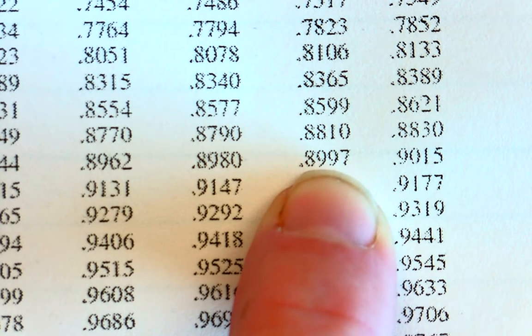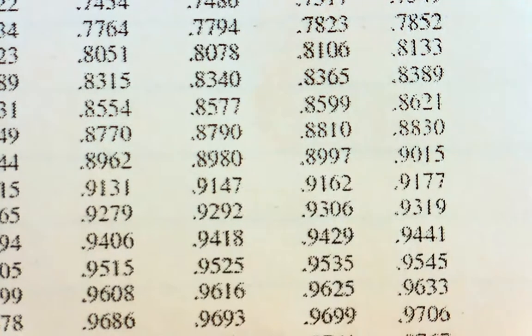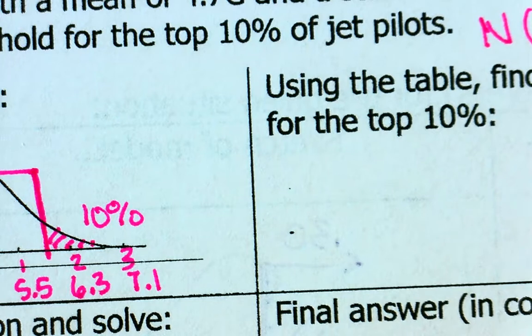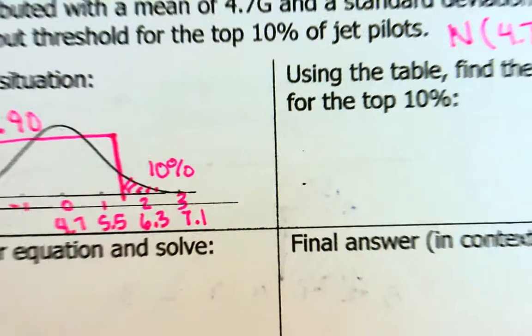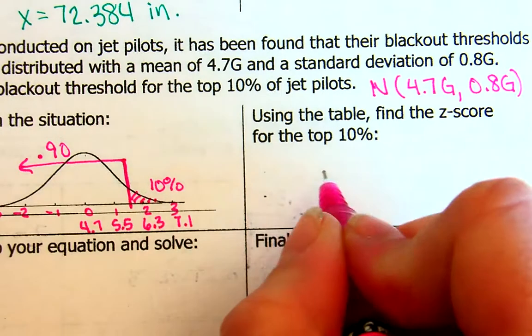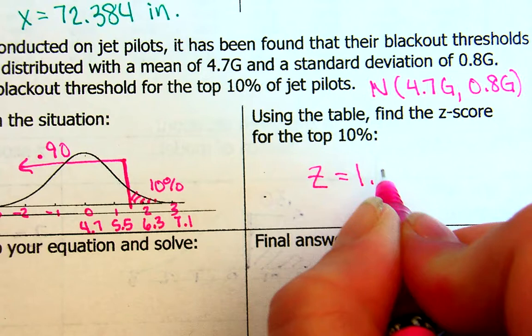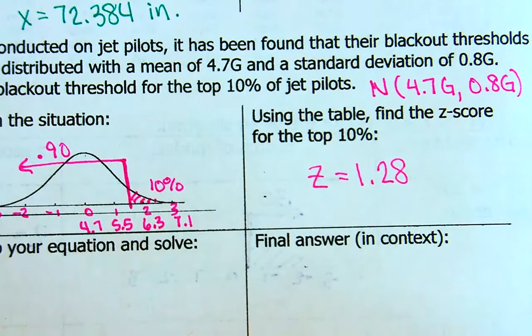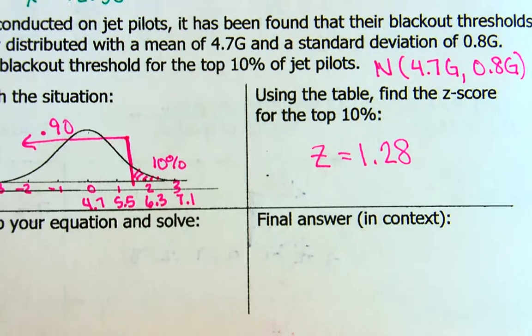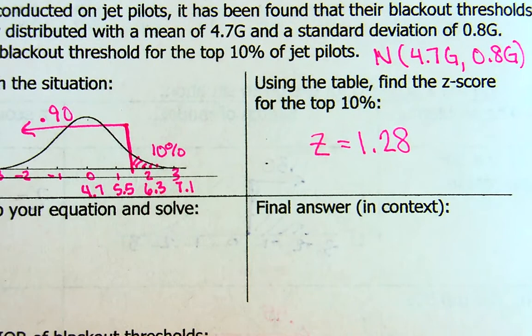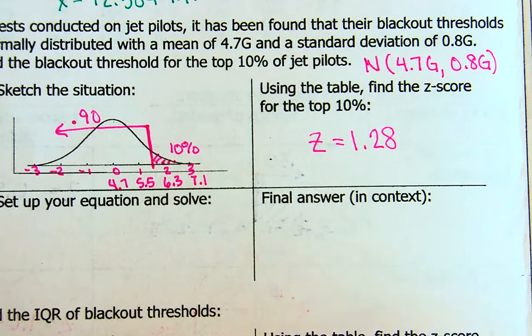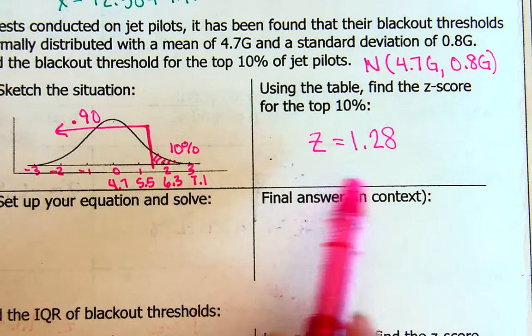That's really close. So that's going to be the value I look at. So this is going to be 1.28. Are we okay with finding the z-score?